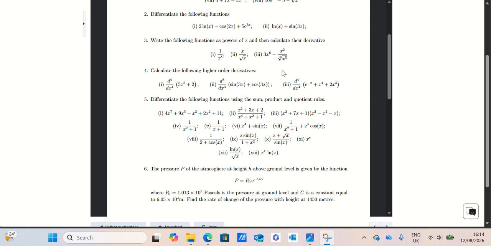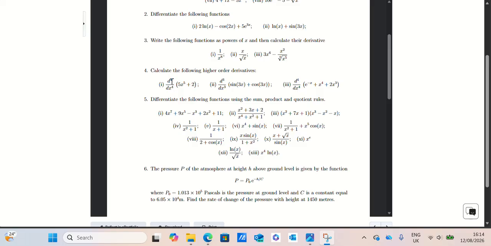Okay. So this is still problem sheet 6. And we're starting on question 4, part 1. Calculate the following higher order derivatives. And now this is a bit different.